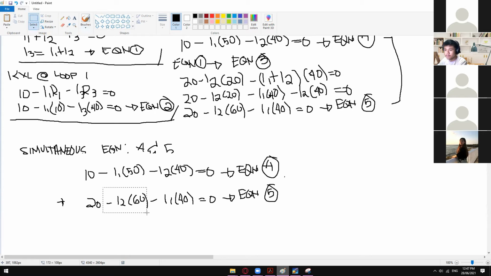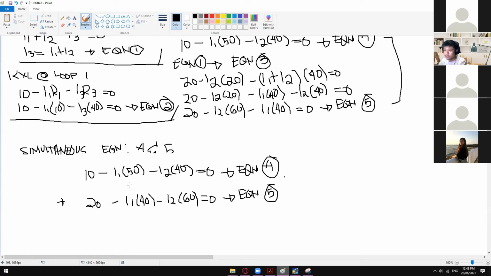So let me put this one right here, and then this one on the other side. Okay, so I2 and I2 now are aligned. I1 and I1 are now also aligned.